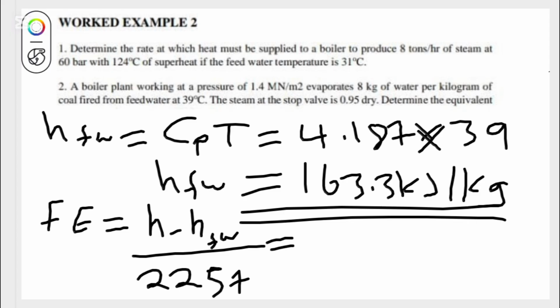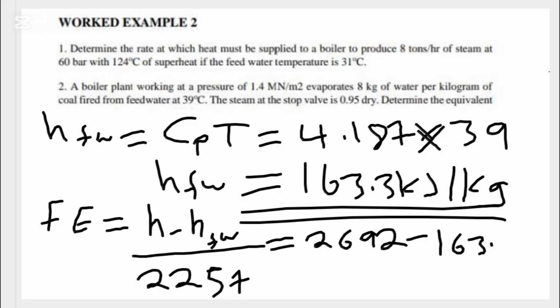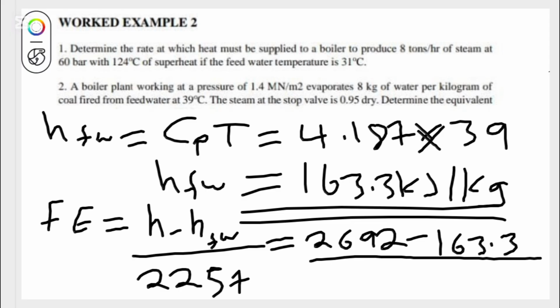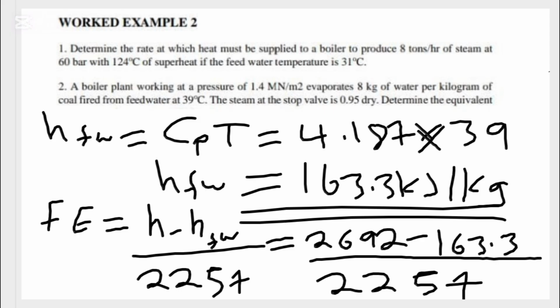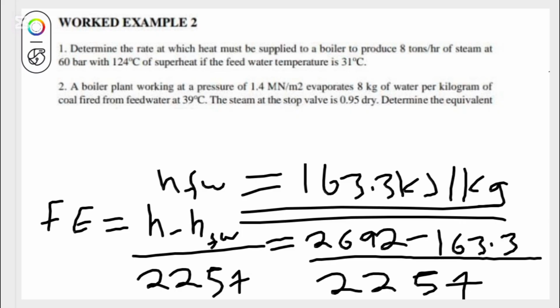So this will now be equal to the value of h, which is 2692, if you can remember, and therefore minus 163.3, which is the feed water supply. So I have to divide it by 2257. So what should I get as my factor of evaporation? The factor of evaporation, Fe, will now be equal to 1.120.